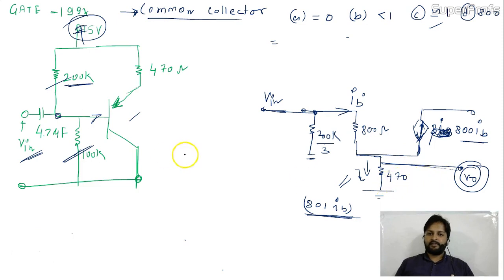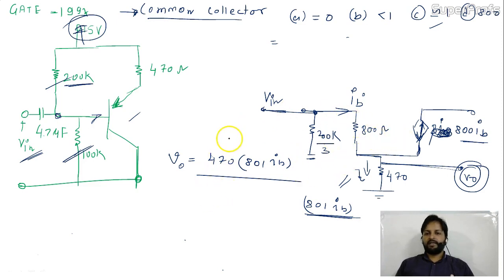So for this circuit, V0 will be, tell me, V0 will be 470 multiplied with 801 of IB. Is it okay or not? Is it correct?